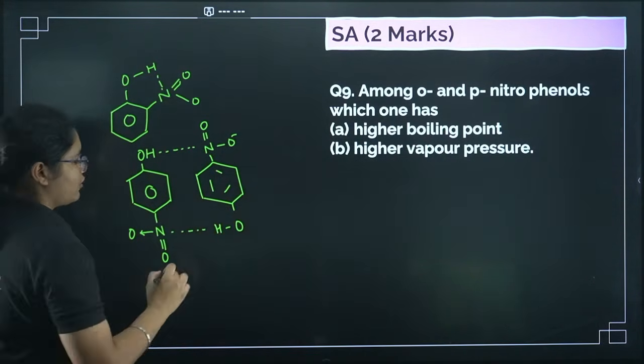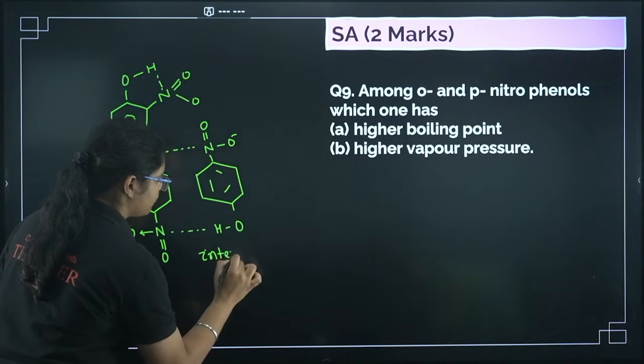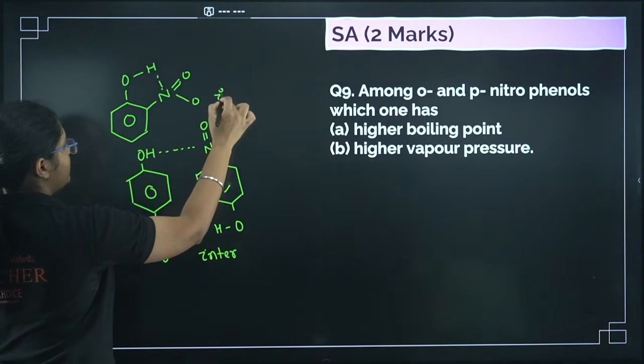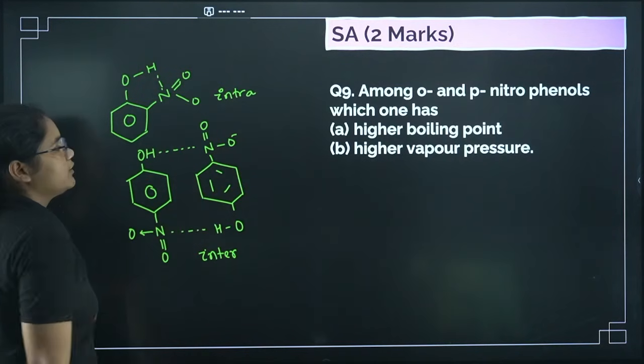In para-nitrophenol, there is intermolecular hydrogen bonding, and in orthonitrophenol, it is intramolecular hydrogen bonding.